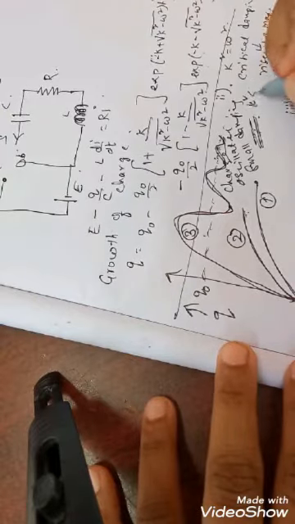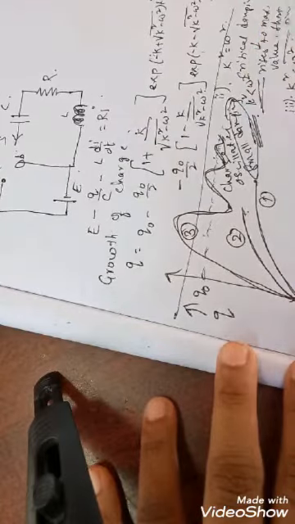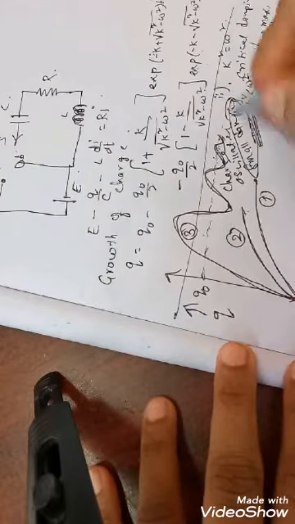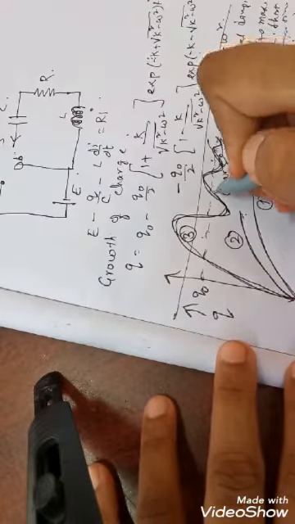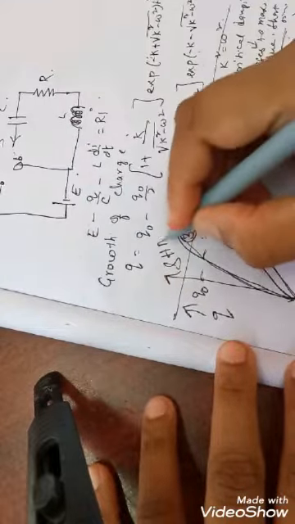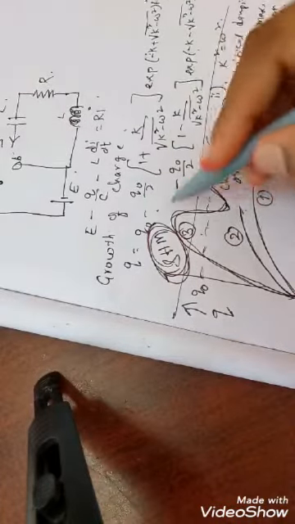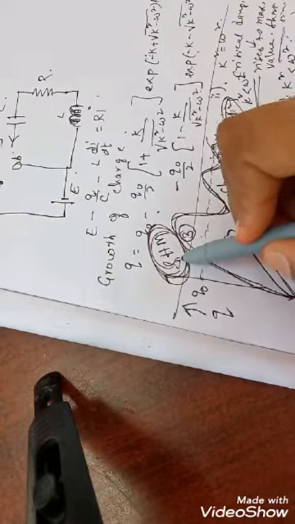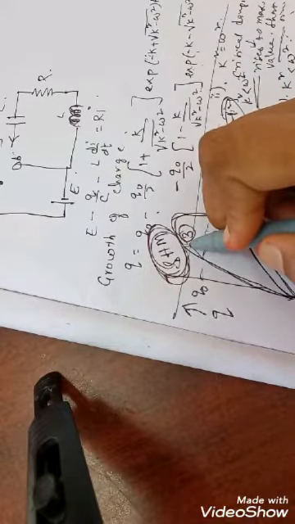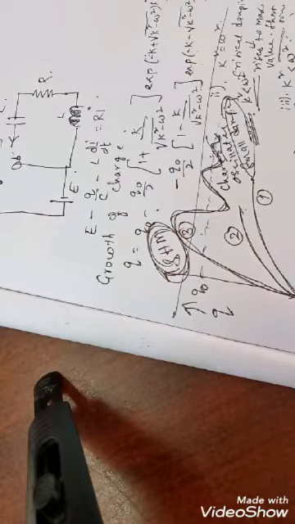When k square becomes less than omega square, the opposition created to the current is very less. So only the charge oscillates. Charge is oscillating means charge is exhibiting simple harmonic motion. Right? The charge is exhibiting simple harmonic motion.